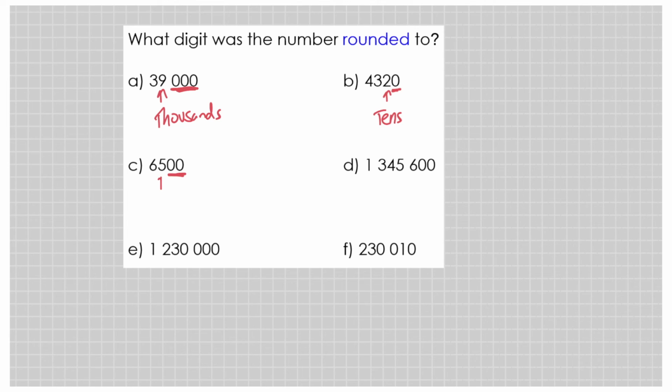Here you have 2 zeros, that means it was rounded to the hundreds. 2 zeros here, also rounded to the hundreds. There's 4 zeros here, so this was rounded to the 10,000s. And this one here, don't be fooled by these 2 zeros, because there's only 1 0 there, and that means it was rounded to the nearest tens.